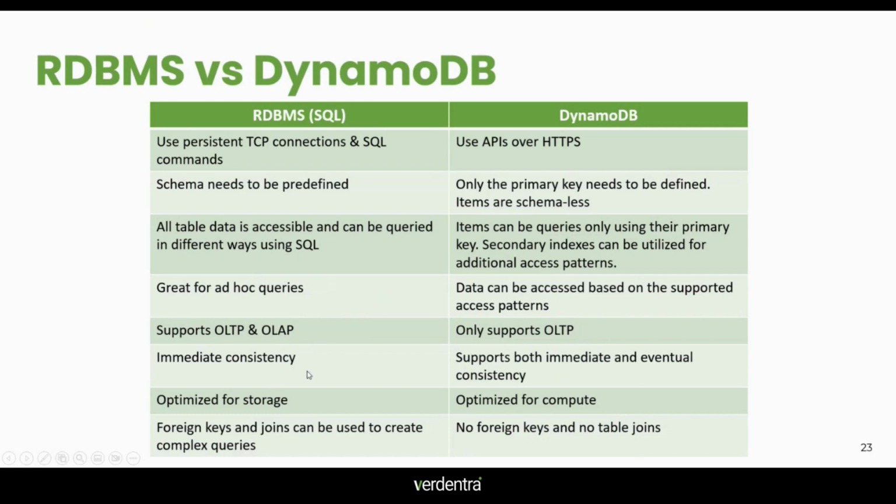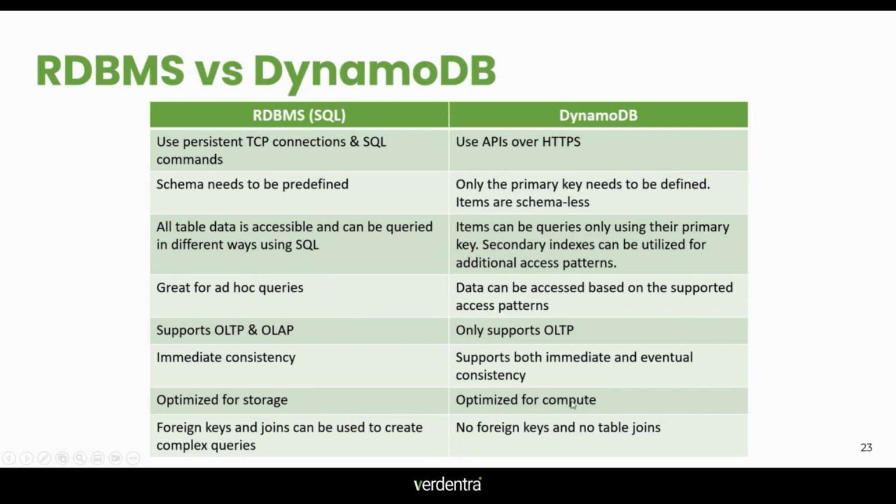Relational databases are immediately consistent, while DynamoDB offers both immediate and eventual consistency. Relational databases are optimized for storage, because back then storage was very expensive, but now compute is more expensive compared with storage. Storage is very cheap, so DynamoDB is optimized for compute.